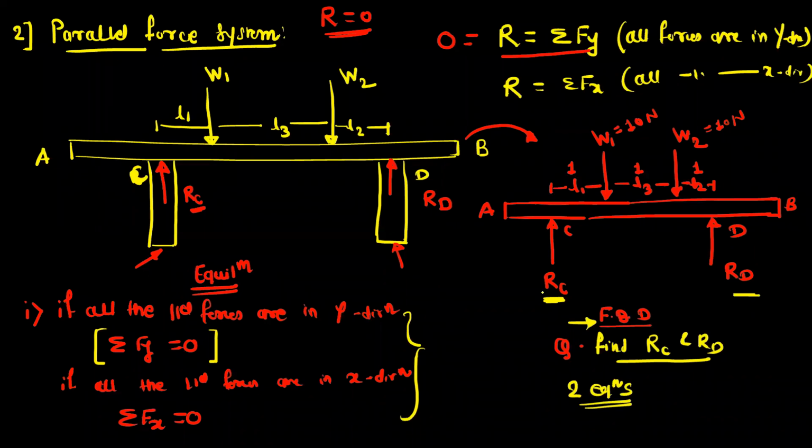But we want to find two unknowns, RC and RD. So we must have a second condition. We cannot use summation Fx equal to 0 because there is no force in the x direction. So what is the second condition?